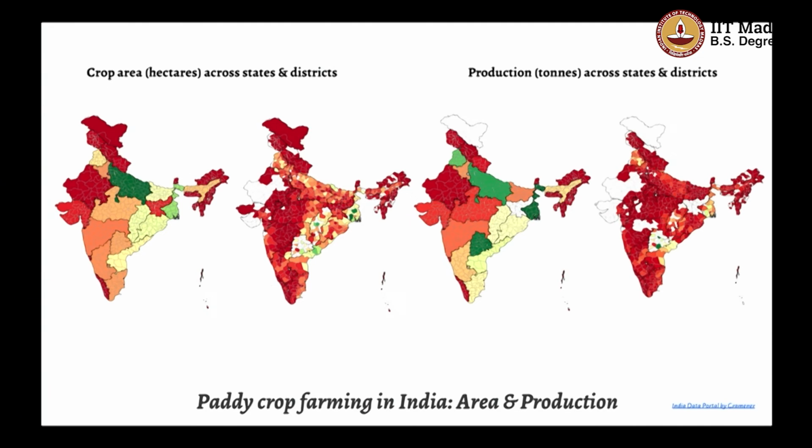But when you zoom in and break this into district level, you can see that there are only one or two districts in Telangana with really high production that stand out and probably contribute to the high overall production for Telangana, whereas most of UP isn't very great at producing rice, just that it has a lot of area for rice production, right.